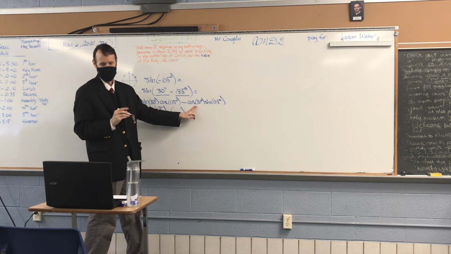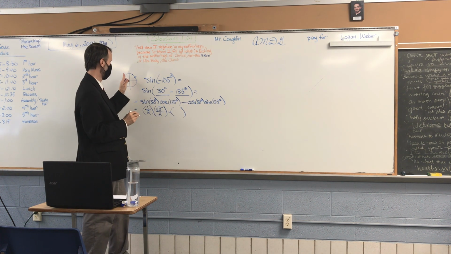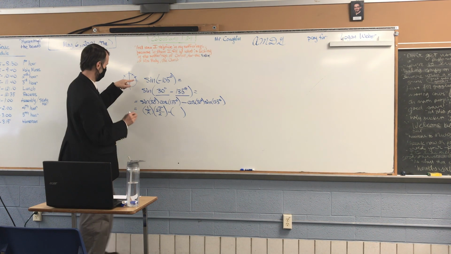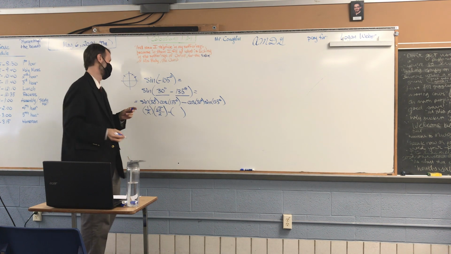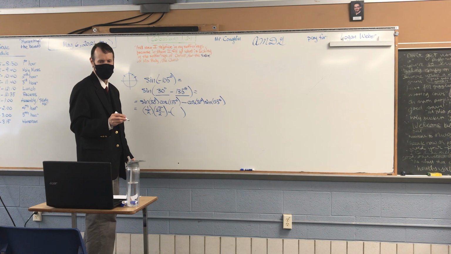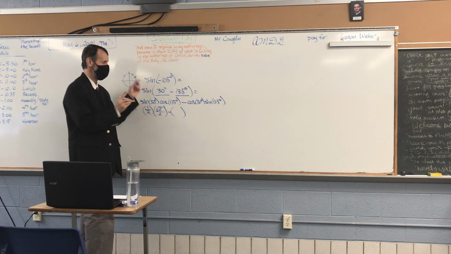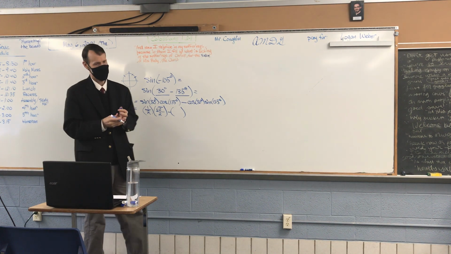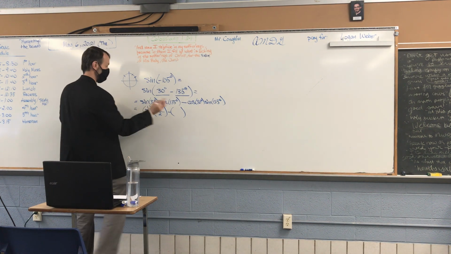Is 30 degrees left, or is it right? It's to the right. A lot or a little? A lot. So there are only 2 fractions for multiples of 30: radical 3 over 2 and 1/2.